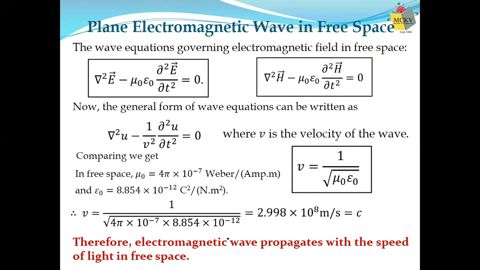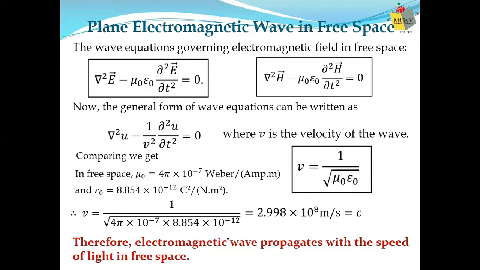But how does this wave propagate? We know that for any wave propagation, like when a water wave propagates through a pond, or a wave propagates transverse to a string, if there is a straight string and you give a jerk perpendicular to the length of the string, then a wave is created.